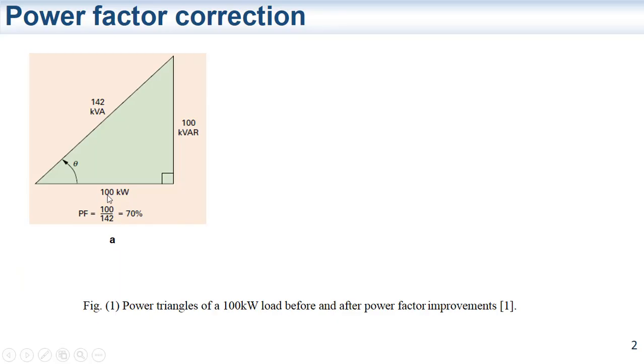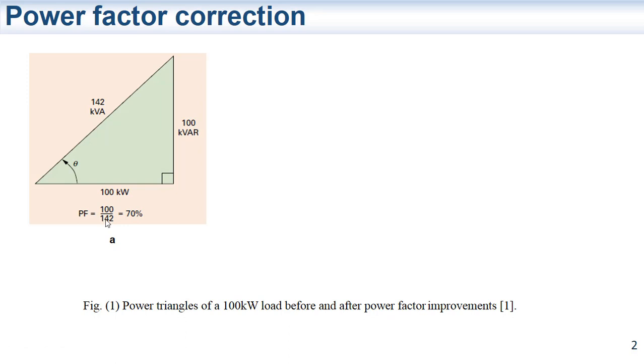If we have a load which draws 100 kilowatt of active power and 100 kilovar of reactive power, which means that it consumes 100 kilovolt-ampere, the power factor of that load will be the ratio between the active power to the apparent power.